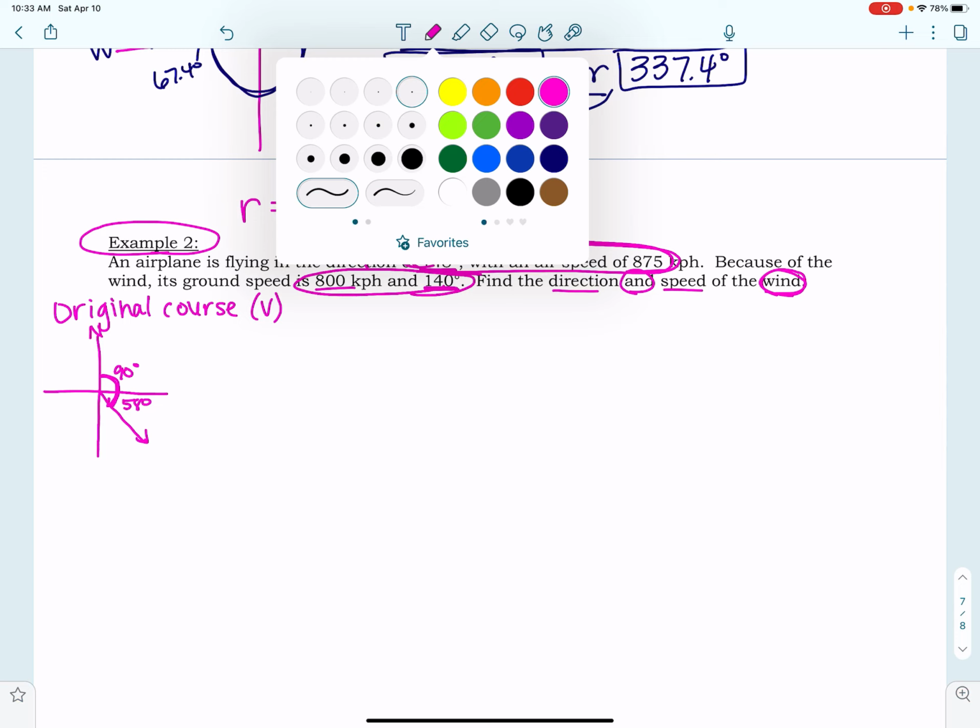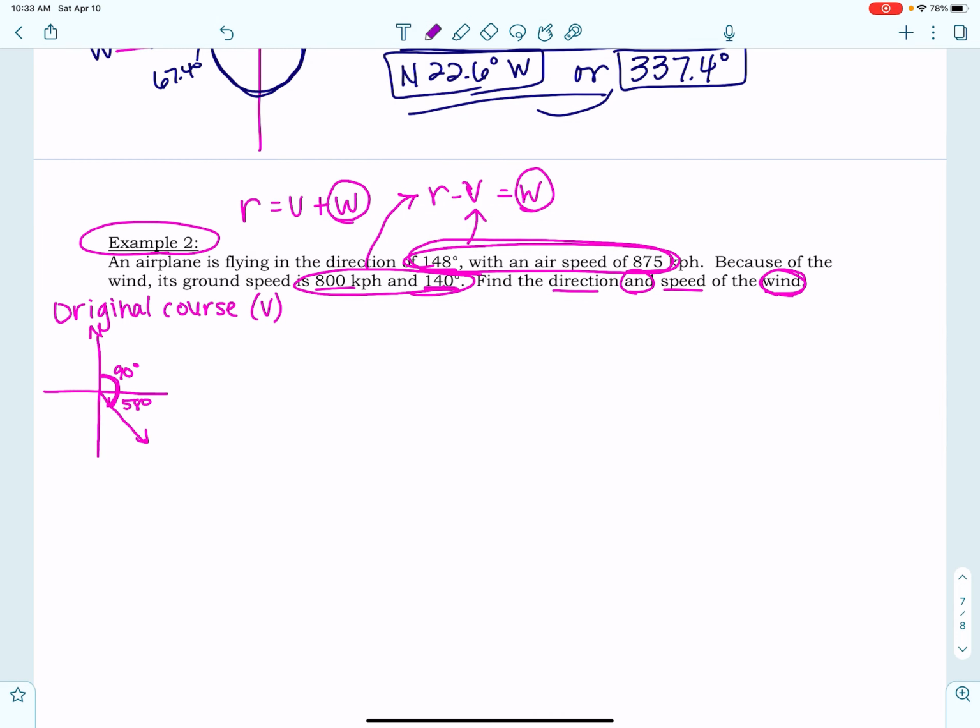So I need the direction angle. The direction angle starts here and goes all the way around this way to this vector. So that's 90 degrees, another 90 degrees, another 90 degrees, and 32 degrees, because this whole quadrant is 90 degrees. If I take 3 quadrants, that's 270 degrees plus 32, that means my direction angle is 302.